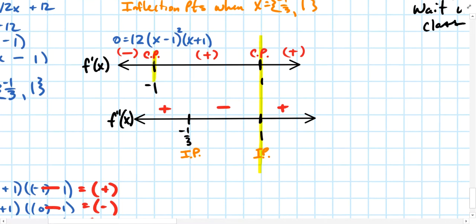If we turn our attention to this position here, I'm going to drop down and look at this critical point and see how it relates to our concavity. Here we've got a position on our graph where the first derivative is 0 and the second derivative is positive. If the first derivative is 0 and the second derivative is positive, that means the graph is concave up.